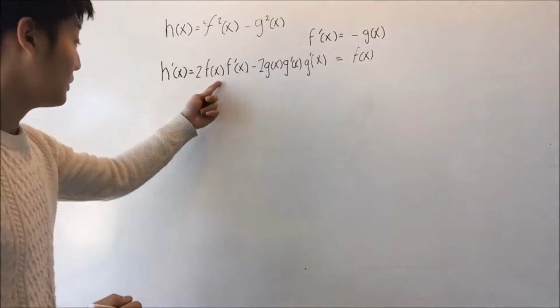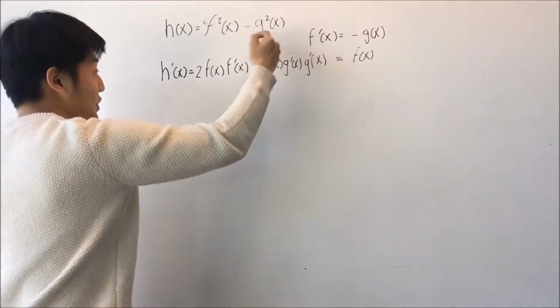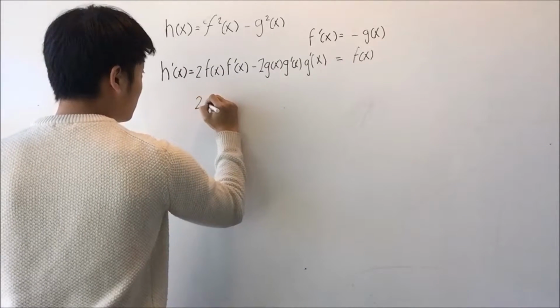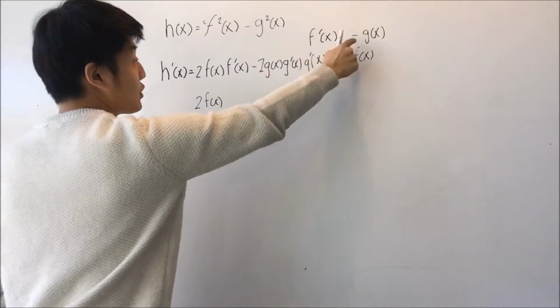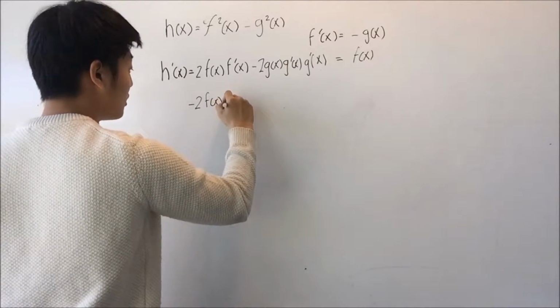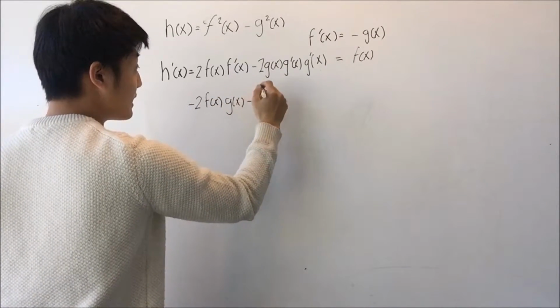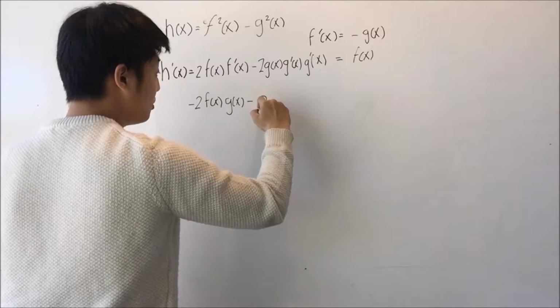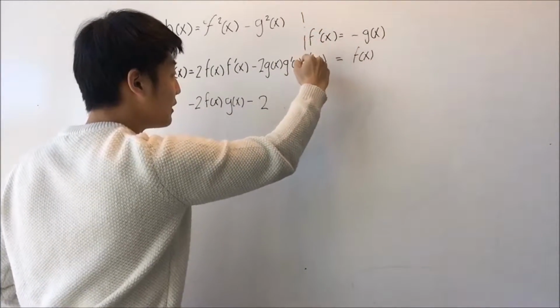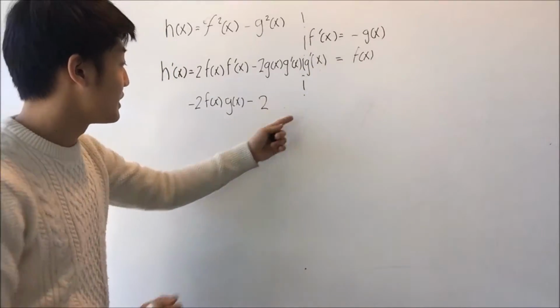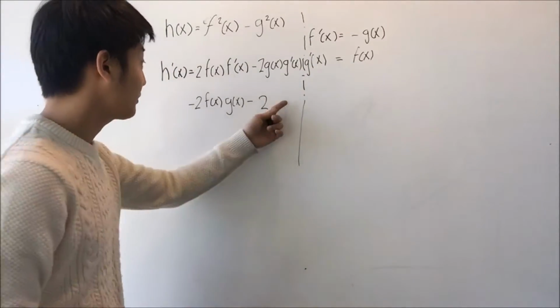And now, let's plug in the given functions. So, it'll be 2 f of x, and now f prime x equals negative gx, so negative gx. Before that, I'll make sure to draw a line here. Okay. So, this is just like a line.